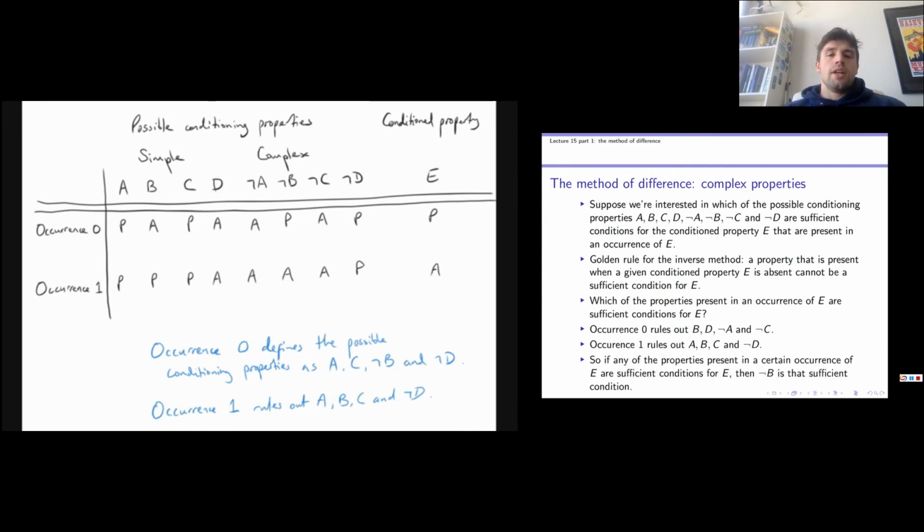So we conclude that if any of the properties present in this occurrence of E, in occurrence 0, are sufficient conditions for E, then not B is that sufficient condition. So if we knew our list of possible conditioning properties did contain a sufficient condition for E, then applying the method of difference, we would conclude that that property is not B.